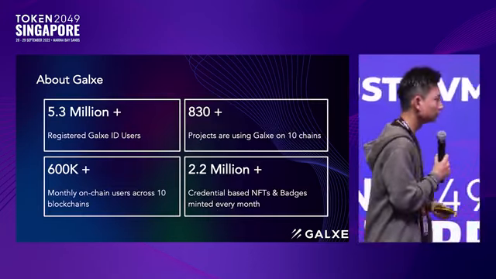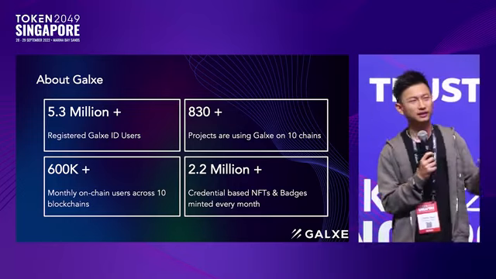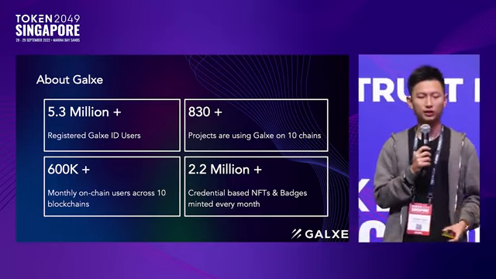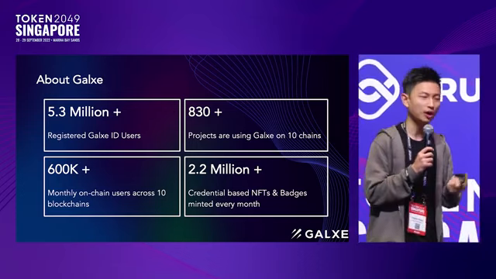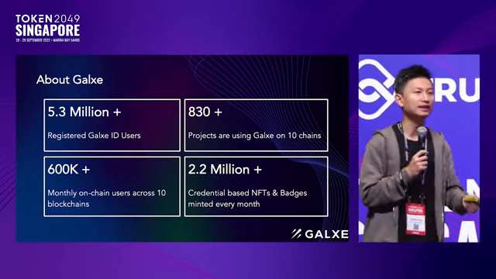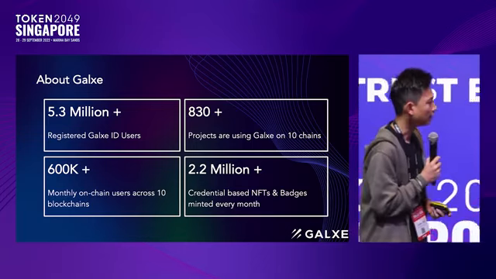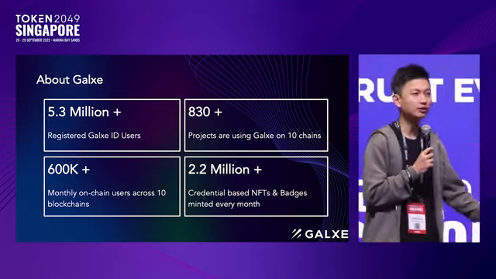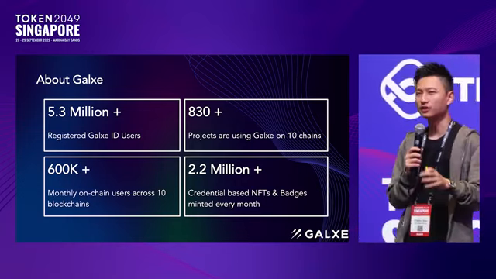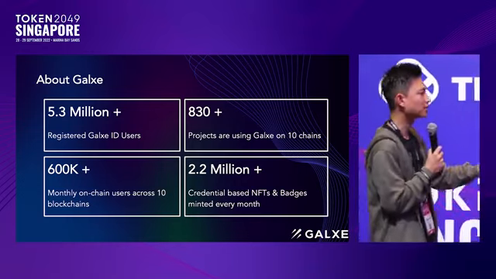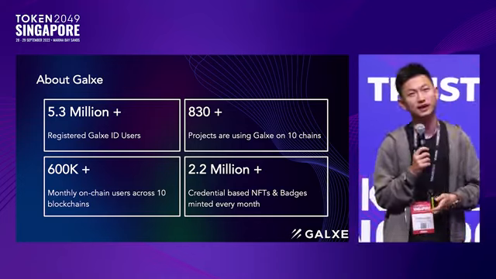And so far, there are a total of, I think now it's 5.4 million registered Galxe ID users, and a total of 830 projects that are using Galxe daily or weekly. And for on-chain users, we have around 500K or 600K monthly on-chain users across 10 blockchains.